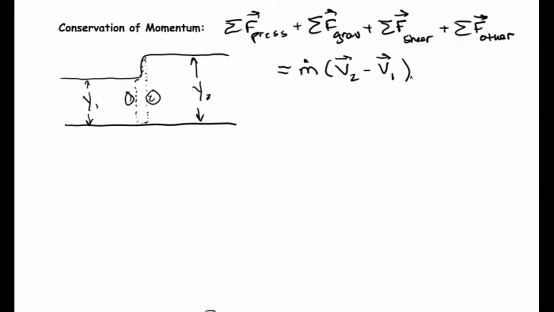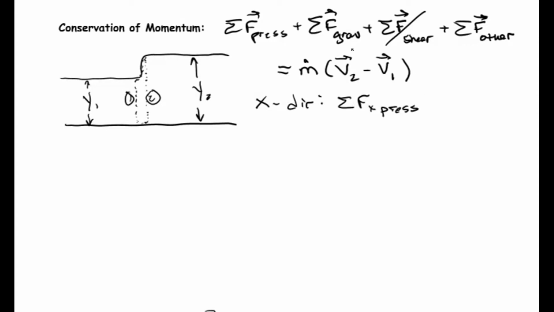So let's right off the bat, like I said, we're going to neglect shear. Doesn't mean all our losses are gone, because we're going to have swirls and stuff that cause losses, but it's going to mean that the frictional losses right down here are just small compared to any other losses. So let's also write this in the x direction. That's our main velocity direction. In the x direction, we still have forces due to pressure, so sum of the Fx pressure.